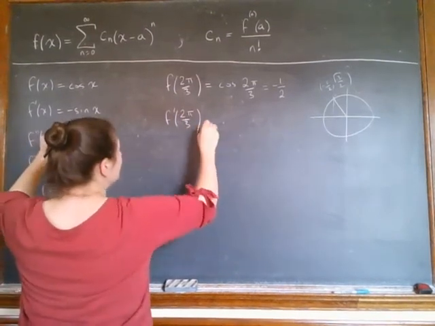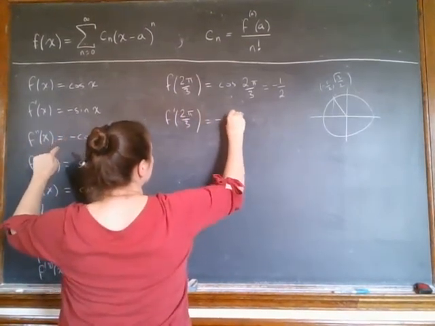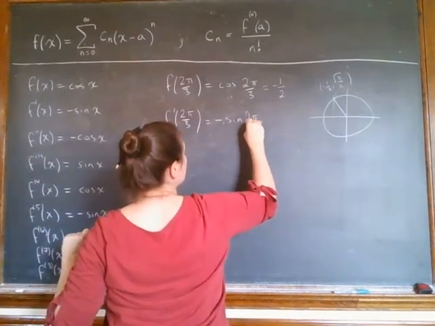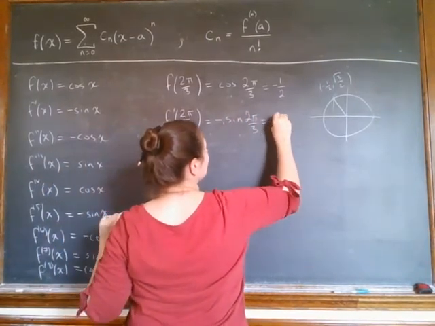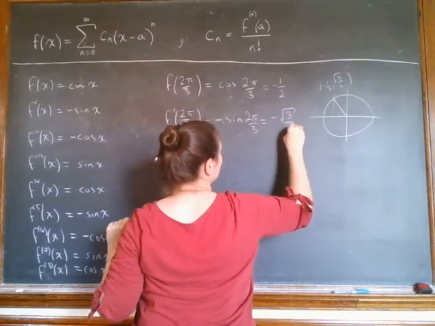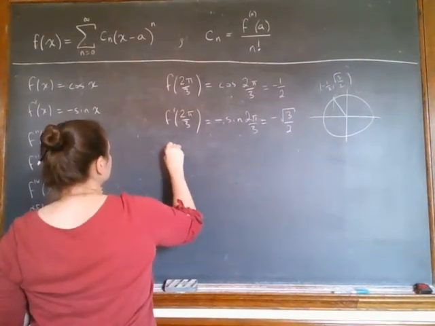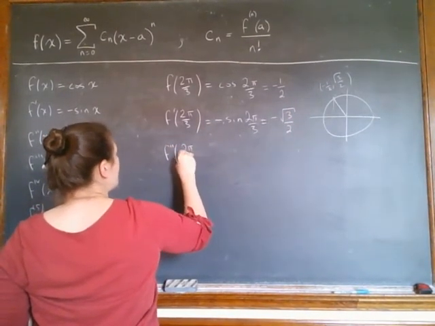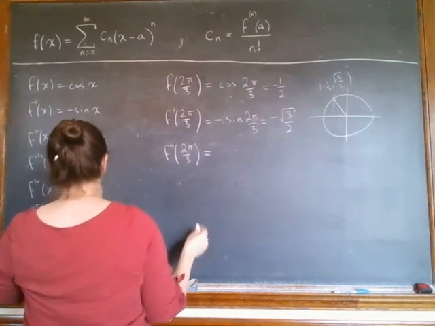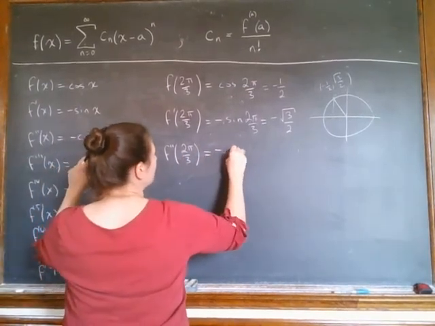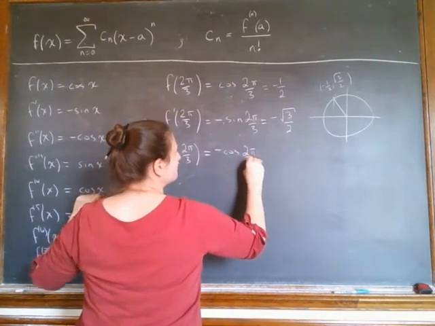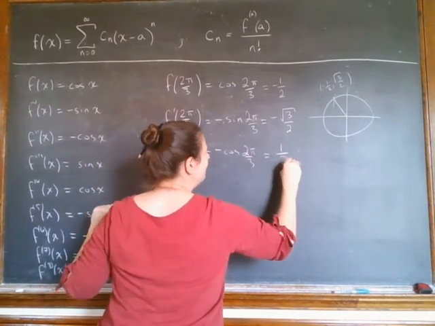First derivative is going to be negative sine of 2 pi over 3. So I'm getting negative root 3 over 2. Second derivative is going to be negative cosine. So I'm going to get 1/2.